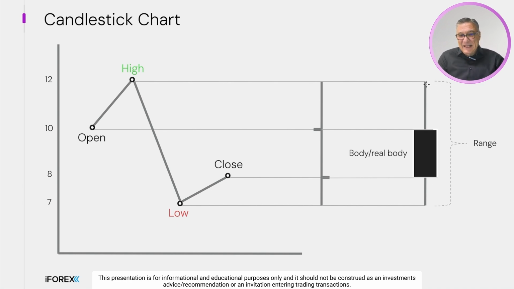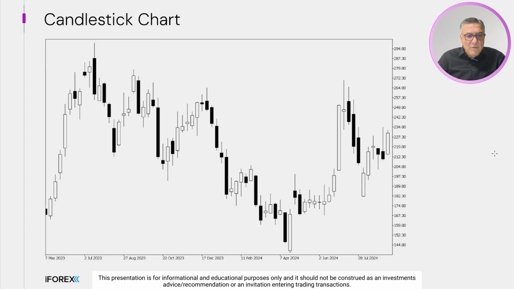Again, the distance between the high and the low is called the range. Of course, it's shown like that on your trading platform, black and white candlesticks, and once again, you can change these colors to your preference.